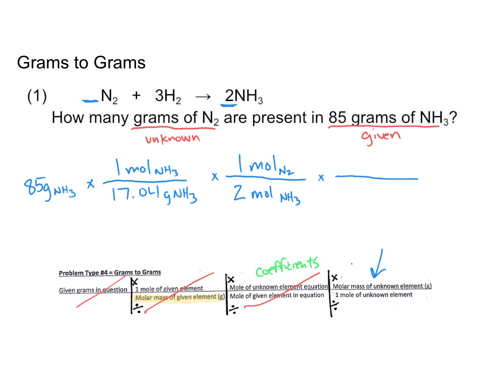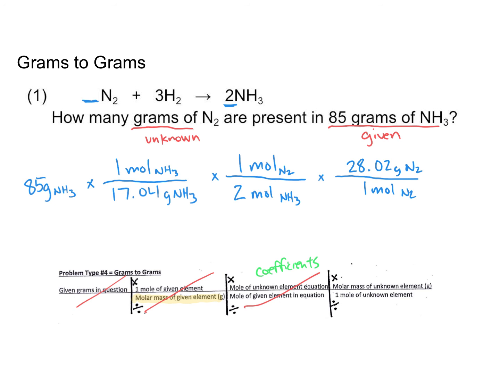I know that my unknown element is N2, which is an easy one to calculate for molar mass, the molar mass in grams. There's 2 N's, so you add those together, you get 28.02 grams of N2 per every 1 mole of N2.